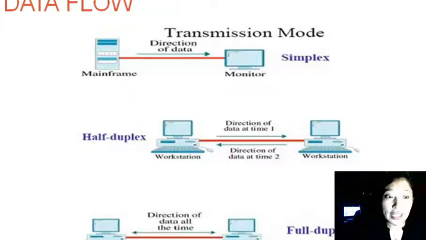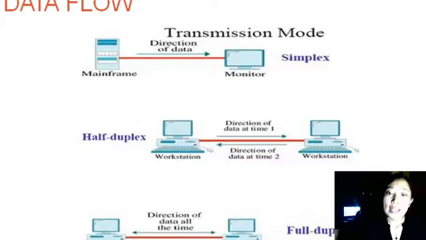Now, the different types of communication that can take place between two devices are represented as data flow. It can be simplex type of communication, half duplex type of communication, or it can be full duplex.